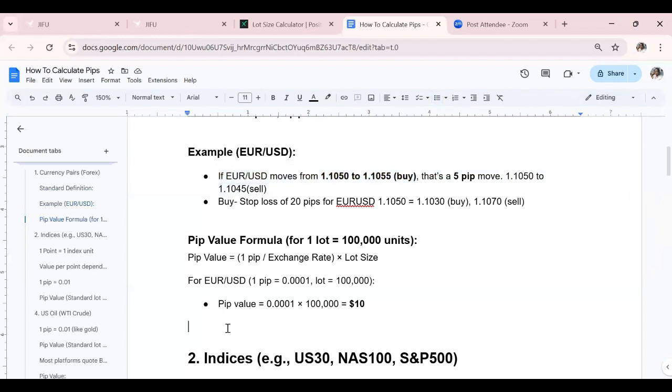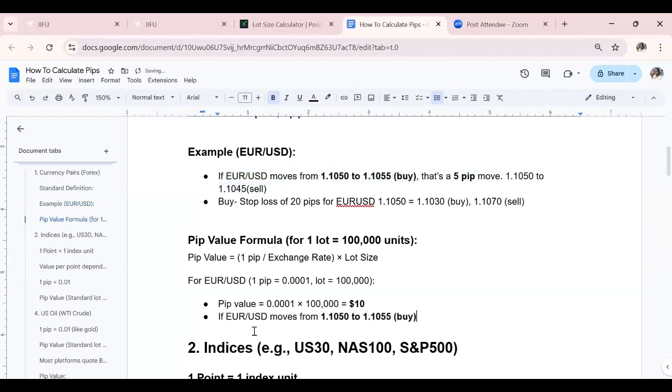Let's say you entered Euro USD for a buy, from 1.1050 to 1.1070 for a buy. So that's this thing, 20 pips movement.